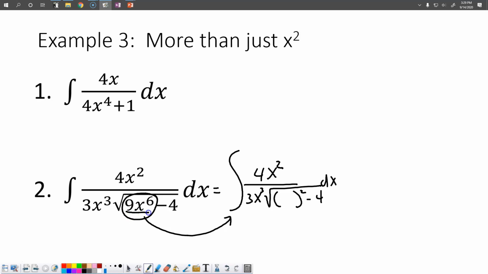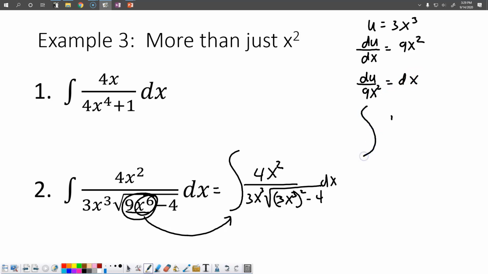So basically, we would take the square root of this. The square root of 9 is 3, and the square root of x to the 6th is x to the 3rd. Okay, the next thing we would do is our u substitution. My u is going to be what's in the parentheses there. Take the derivative, get the dx by itself, do the u substitution.